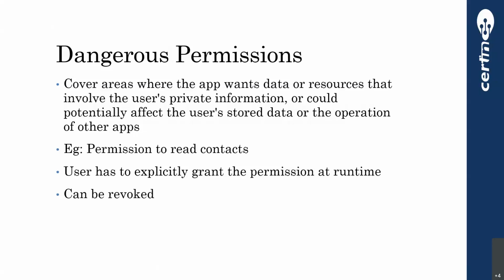So all these different segregations have been made only for these dangerous permissions, and the catch about these things is that they can actually be revoked. So you can go inside the settings page of your mobile, and inside that settings page you can find that particular application, and you can see all the permissions that a particular application is accessing.